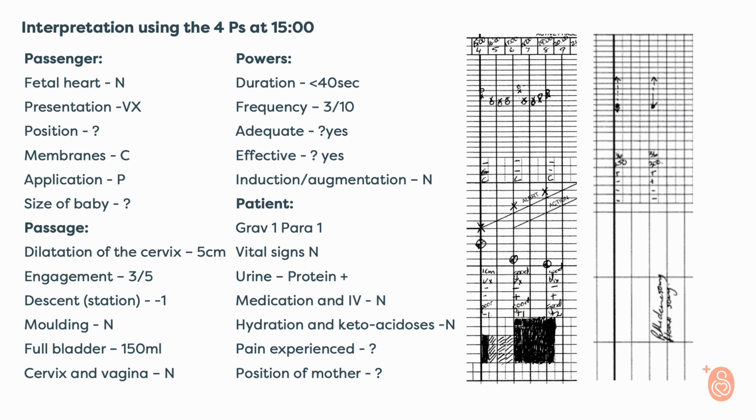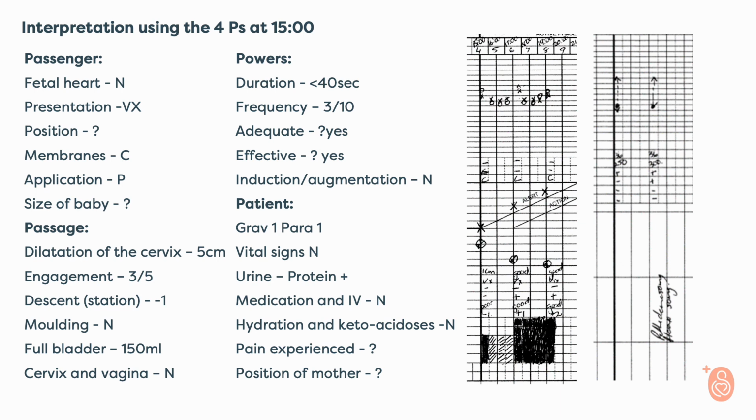So we are happy with the fetal heart. It doesn't look like anything has been recorded here about the variability and the decelerations, but we see now that there's a C, which tells us that the liquor is clear, so obviously the membranes have ruptured.